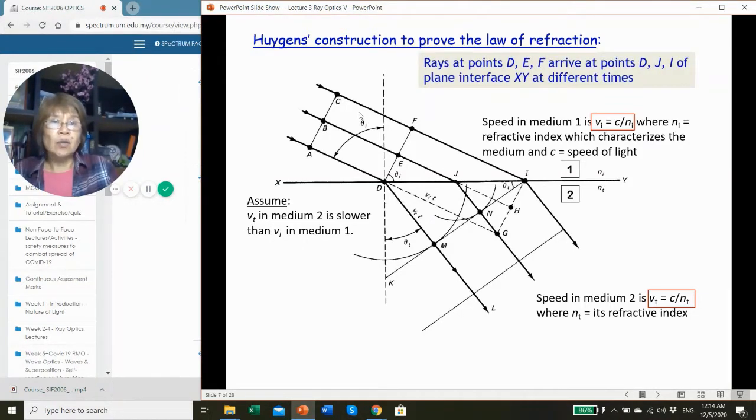Now, the rays at points DEF would then arrive at DJI at different times. These points are along the interface.